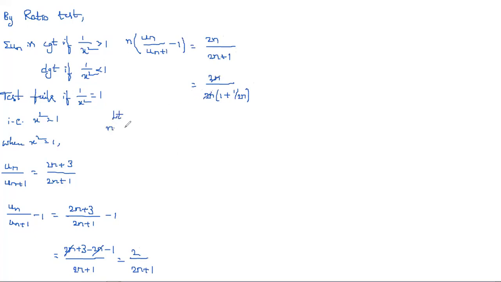Limit n tends to infinity, n into un by un plus 1 minus 1. So this is limit n tends to infinity, 1 by 1 plus 1 by 2n. So simply we'll get it as 1 by 1 plus 0. So this is equal to 1.